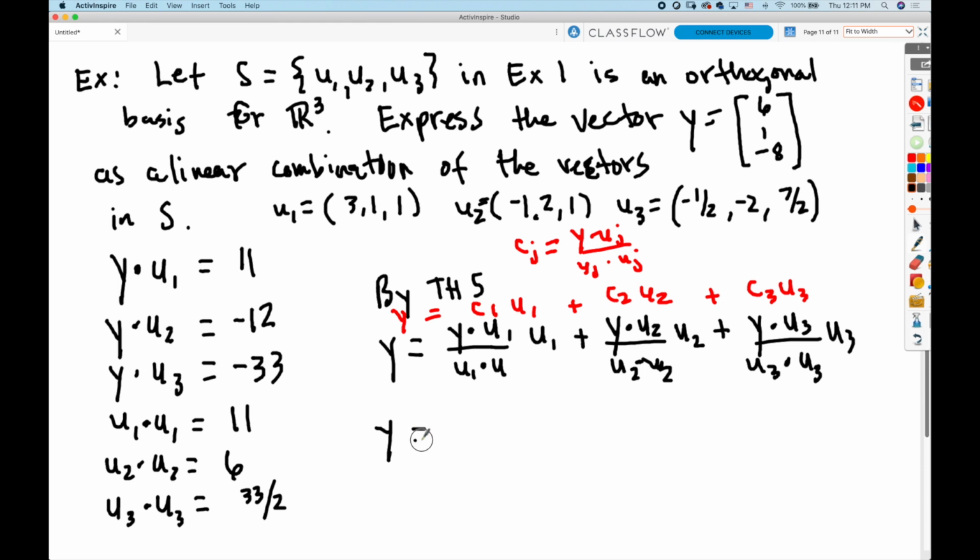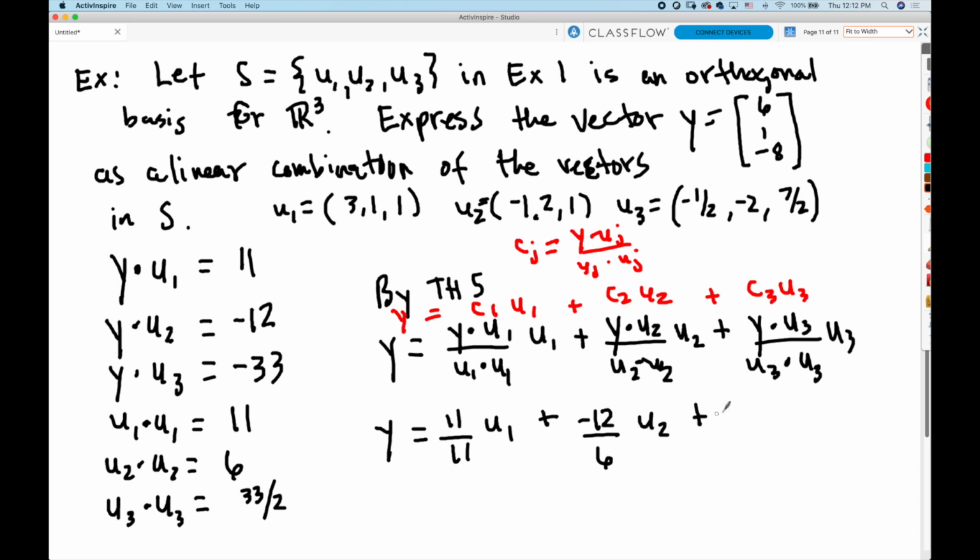So y dot u1 is 11. u1 dot u1 is 11 as well. So 11 over 11 times u1 plus y dot u2, which is negative 12 over 6, all right, negative 12 over 6, then times u2 plus negative 33 over 33 halves, all right, times u3.